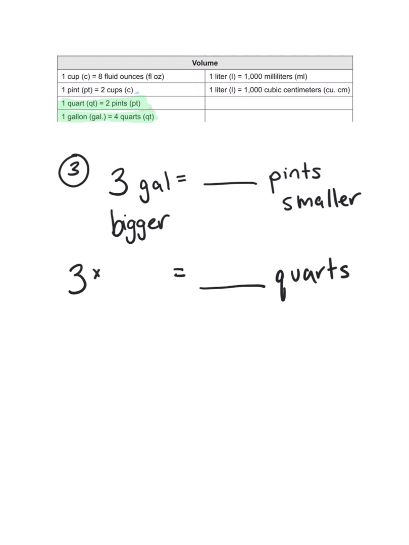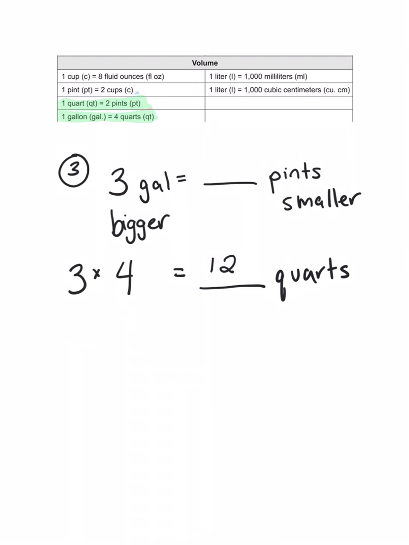Because see here, using this chart, I can't go directly from gallons to pints. I've got to first switch from gallons to quarts and then quarts to pints. So to switch from gallons to quarts, I'm going to multiply my 3 gallons times the 4 quarts in each gallon. That'll give me 12 quarts.